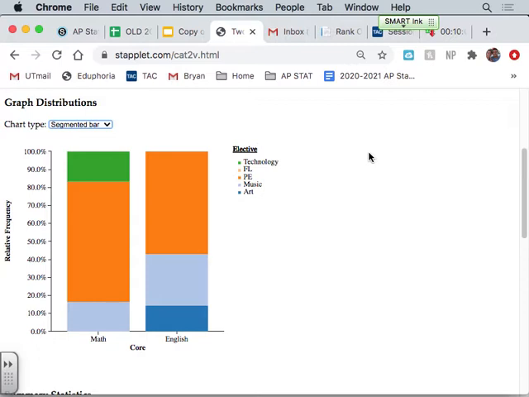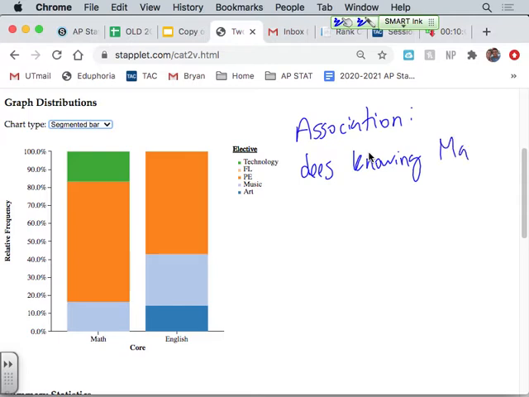So what I want to define this as, I wrote an example. So what did I say? Basically, an association is, does knowing that you like math class tell me to predict like an elective, basically?